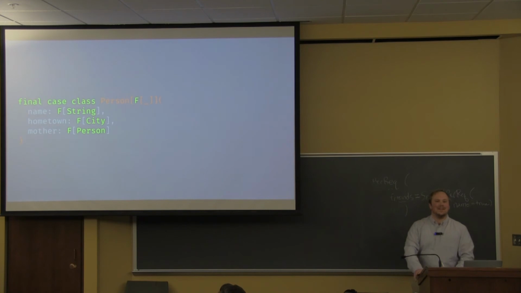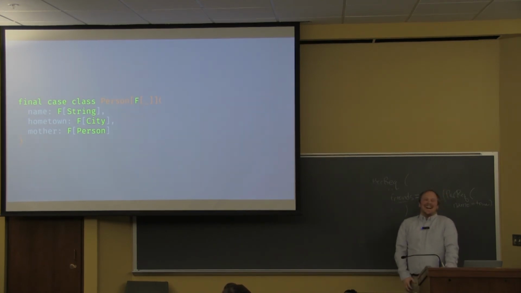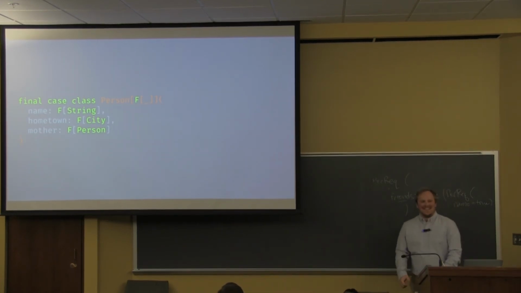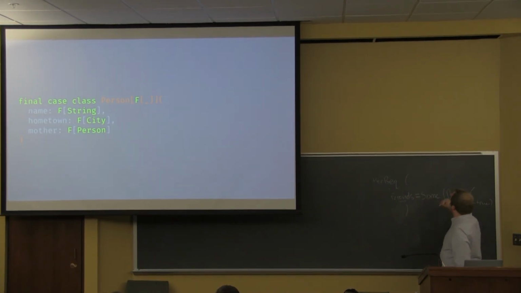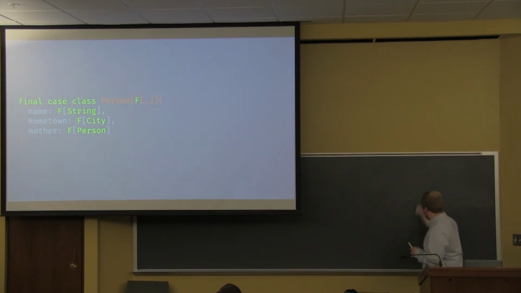Oh, yes. I'm glad you asked. You can imagine, so like where's an eraser? Here's an eraser. So I have this new type, person request, and I'm parameterizing it by f.